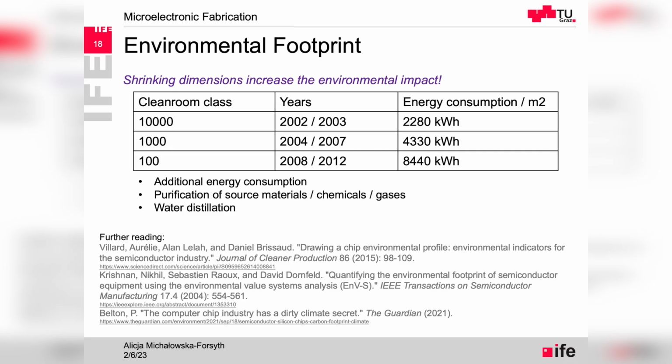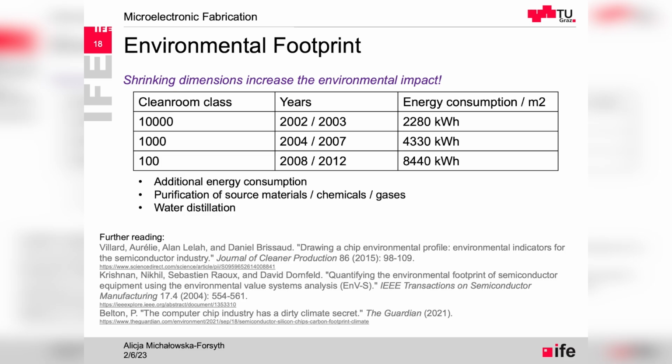Looking at the energy consumption alone for the different clean room classes, as the class has to be improved and upgraded to better and better air monitoring and control, we have increased energy consumption because the flow of air must be more accurate.